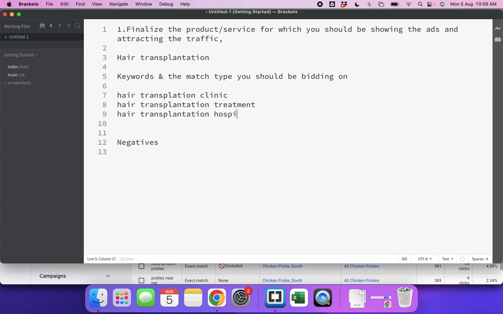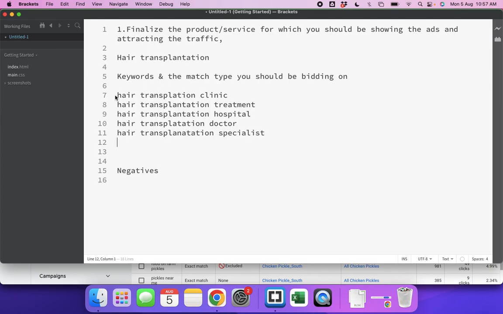People search like this also. Okay, hair transplantation doctor, hair transplantation expert or specialist. Are you all understanding it?